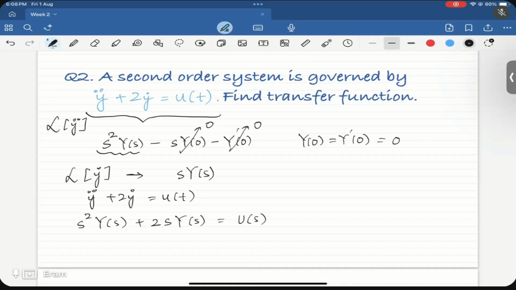And what is the transfer function? It is the Laplace of output divided by Laplace of input with zero initial condition. So zero initial condition we have already applied. So next we consider Laplace of output divided by Laplace of input. So on the right hand side we will have 1 divided by s squared plus 2s.